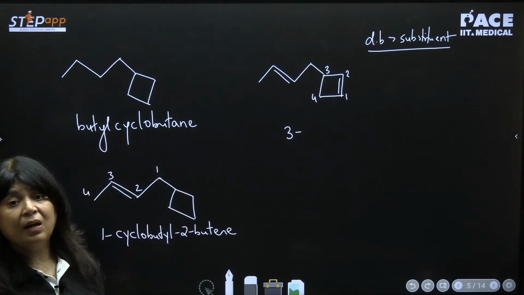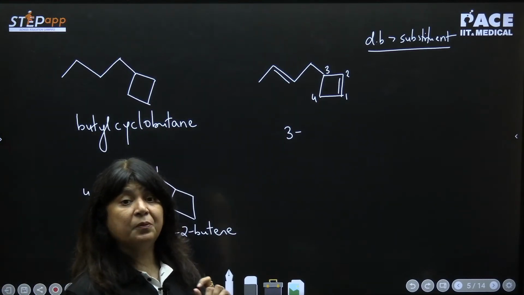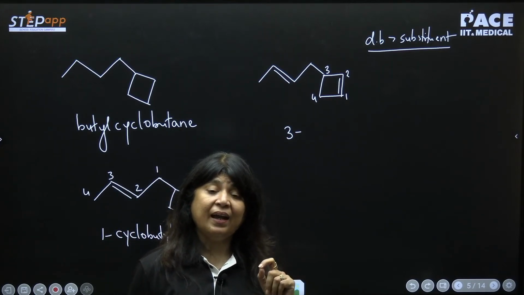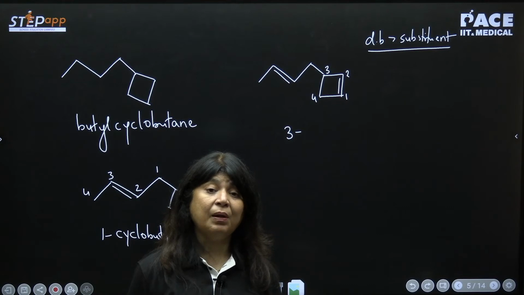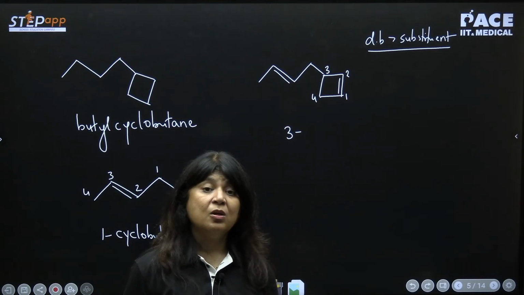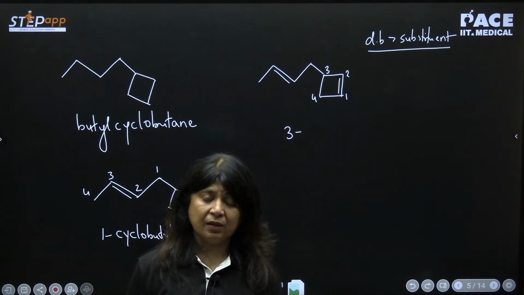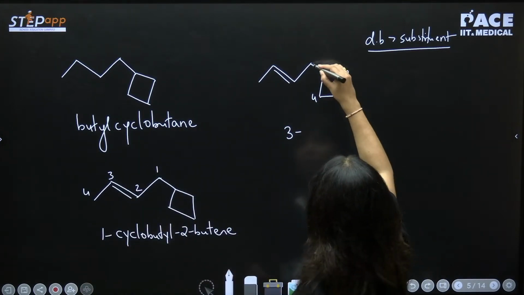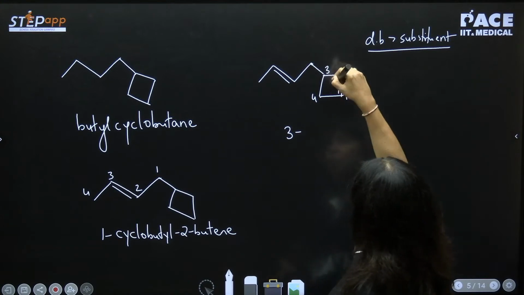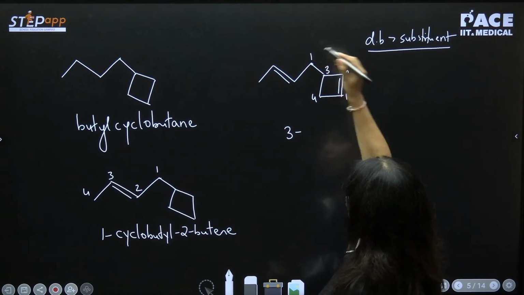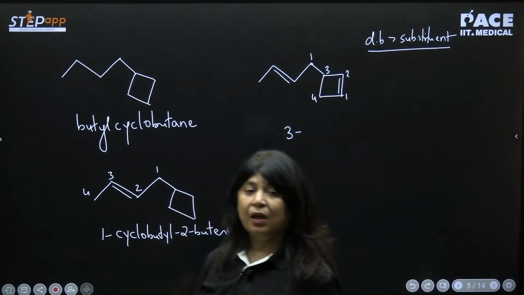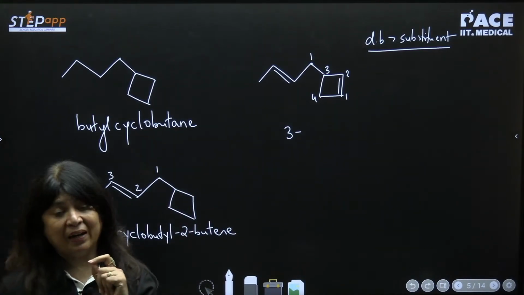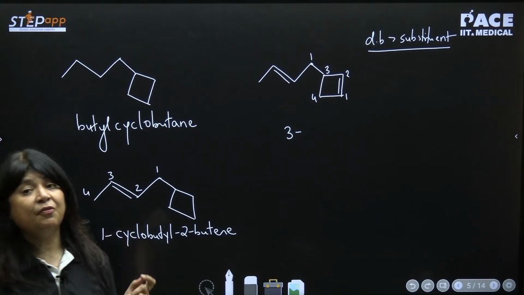Now while naming the substituent here, because the substituent also has a double bond, I have to indicate the position where the double bond is in the substituent. While numbering the substituent chain, always remember the carbon of the substituent which is directly connected to the parent is always its first carbon.